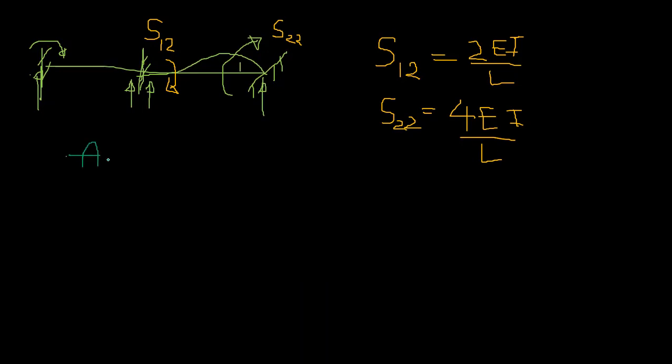So the AU is now 1 due to the displacement at the second coordinate. AU12, AU22, AU32, and AU42.